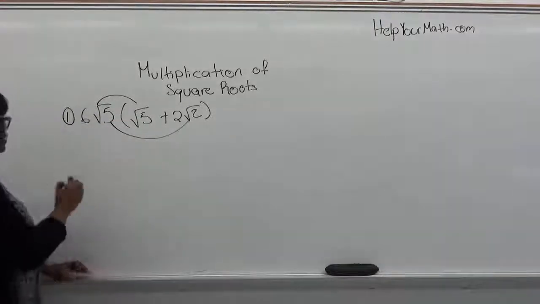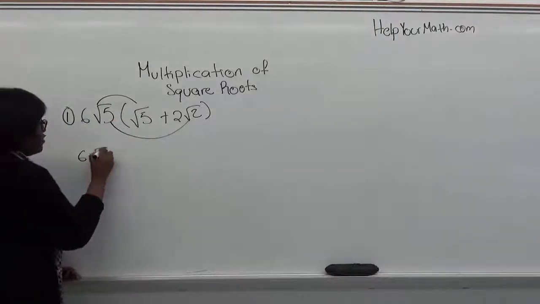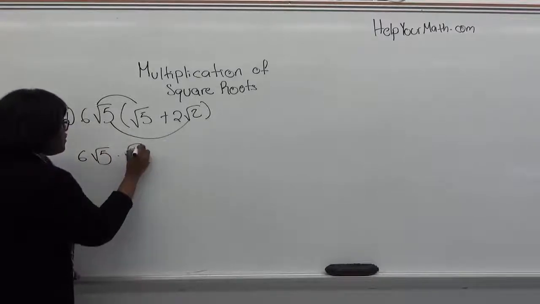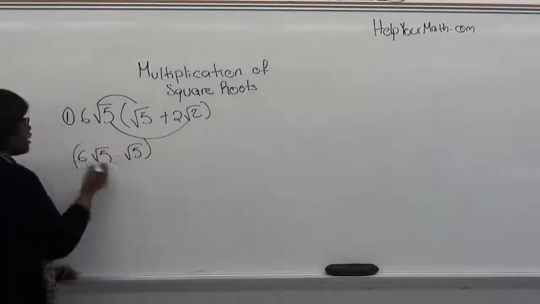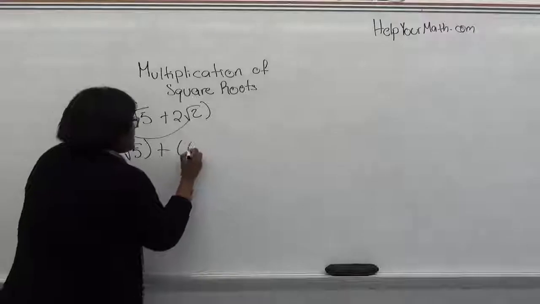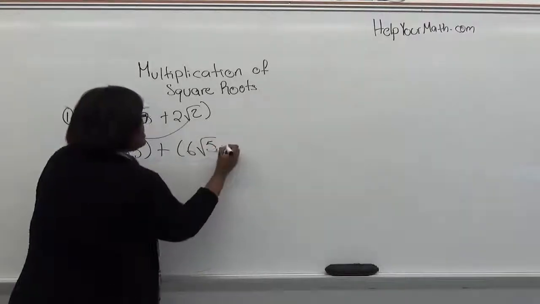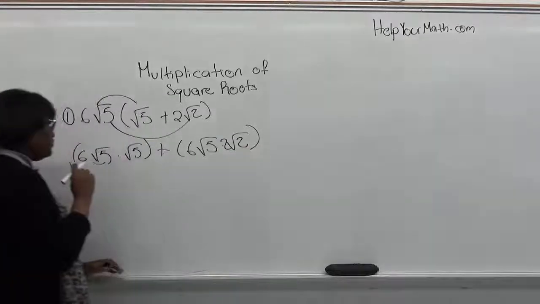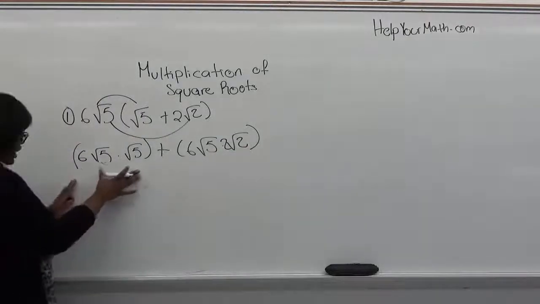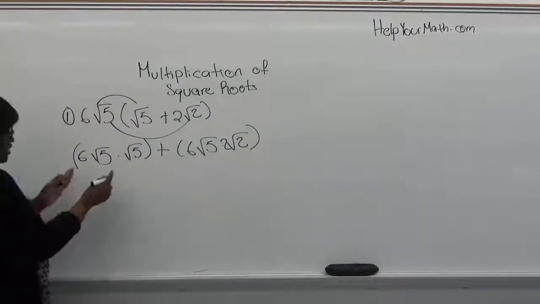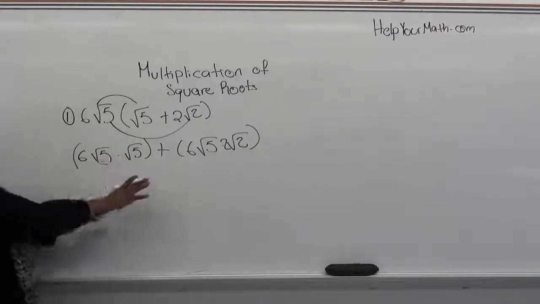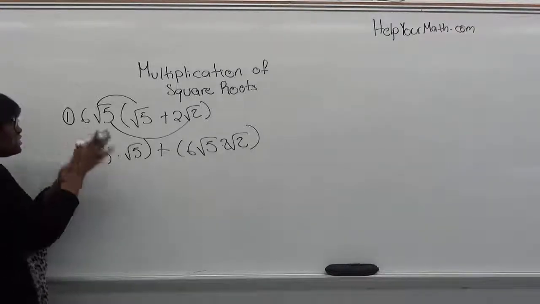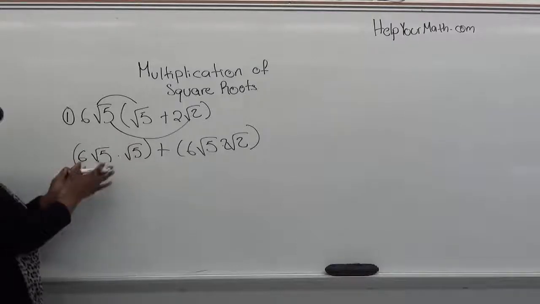So we're going to multiply 6 times radical 5 times radical 5 plus 6 times radical 5 times 2 radical 2. So now here we're going to have 6 times 5, because as you remember, a radical times its radical is just the number.